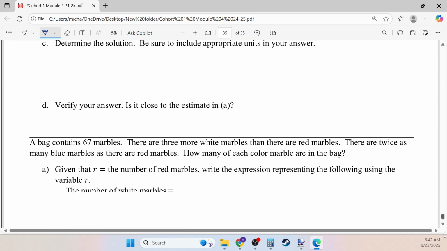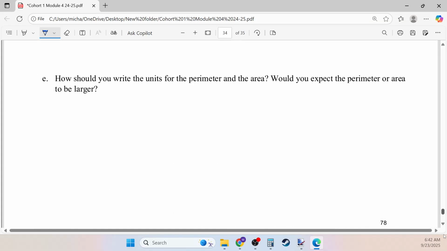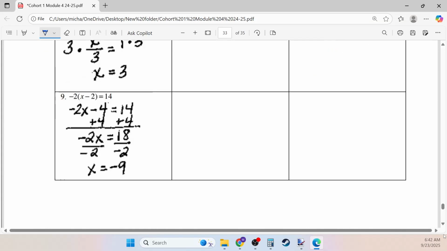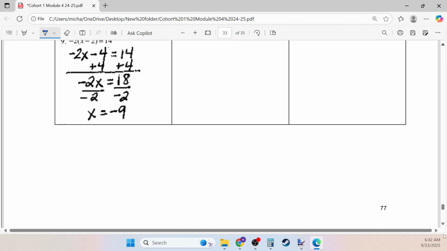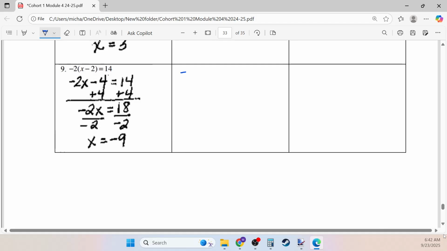Let's skip down to the last one in this section. Let's see what they did wrong first. Yeah, they distributed, but a negative times a negative should give us a positive.